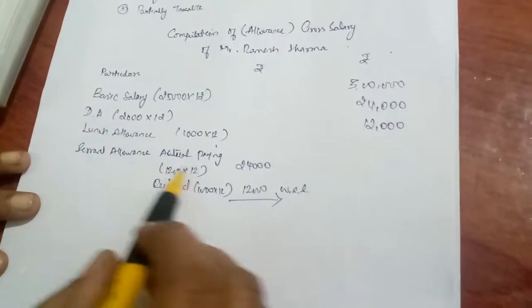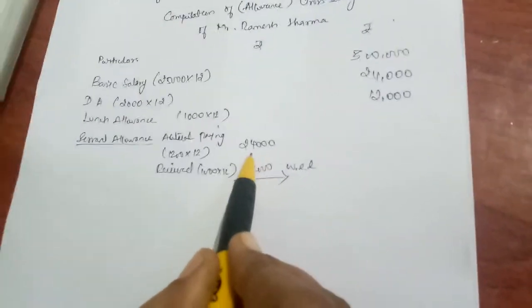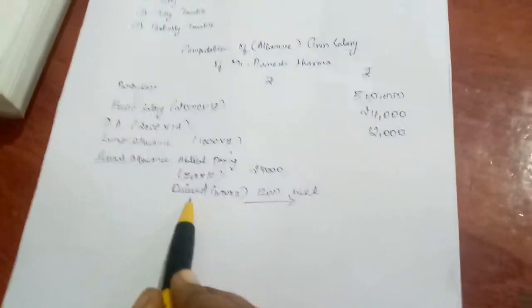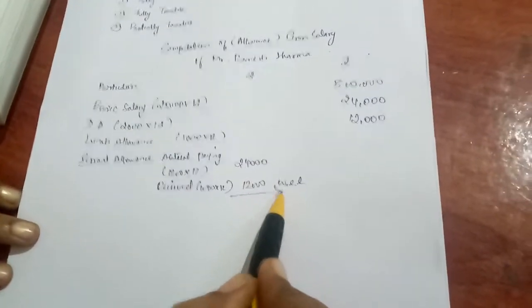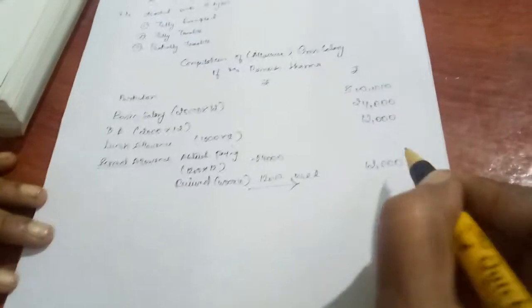We should take into account which is least. So servant allowance actual paying is 24,000. He is receiving the servant allowance rupees 12,000. It is taxable, whichever is less. So 12,000 we are taking into account.